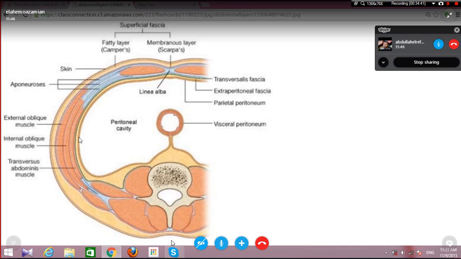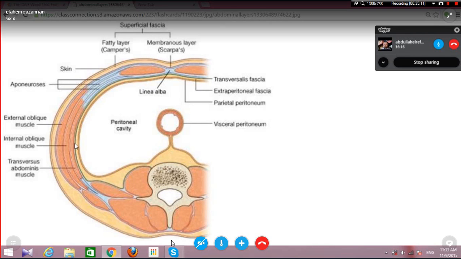So the transverse muscle is covered by two fascias, right? It's covered by a deep layer of deep fascia, and transversalis fascia. But look, this is the last muscle, the transverse abdominis. Here you see its fascia here and here. Then behind it, this black line, is endo-abdominal fascia.